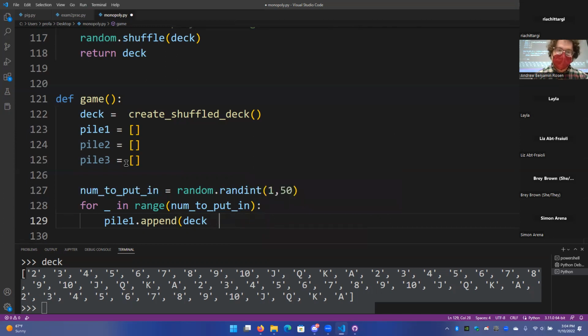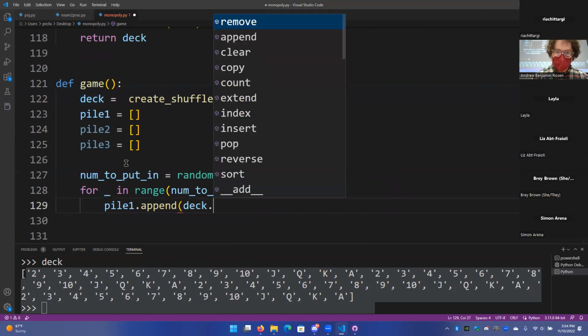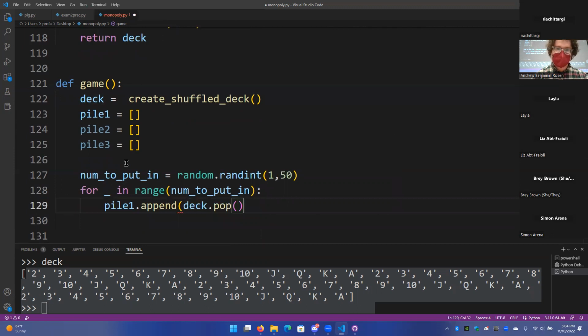In Python, sorry, pop. There we go. That's how you do it in Python. Deck.pop removes a value from the end of the list and puts it in pile 1. And it does it a random number of times between 1 and 50.